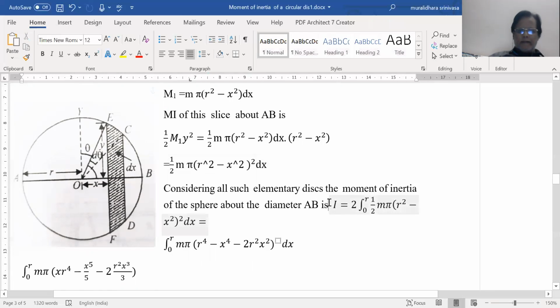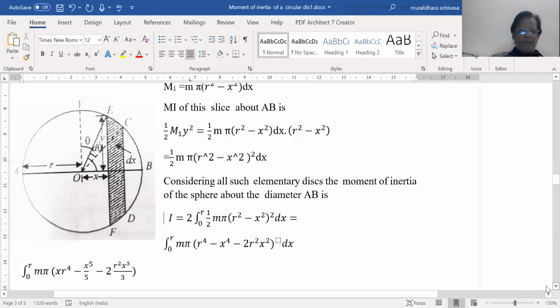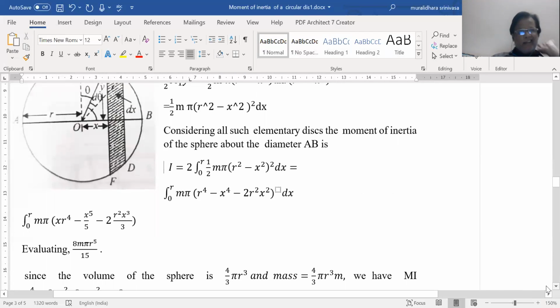So what do you get? You get m pi into the integral from 0 to r. If you expand, r to the power of 4 plus x to the power of 4 minus 2 r square x square dx.